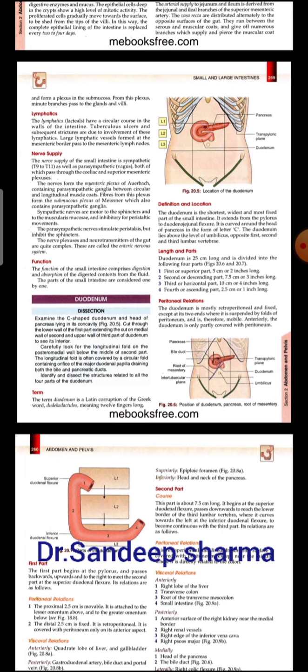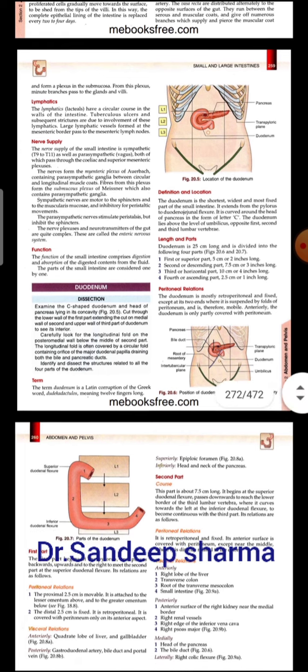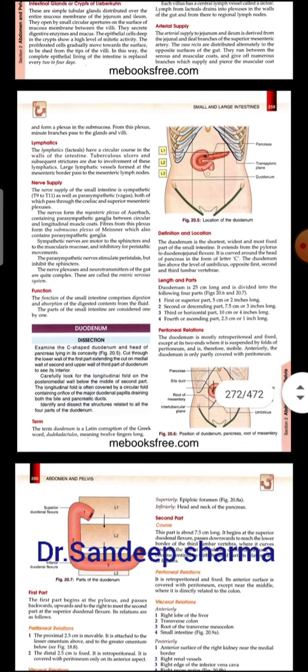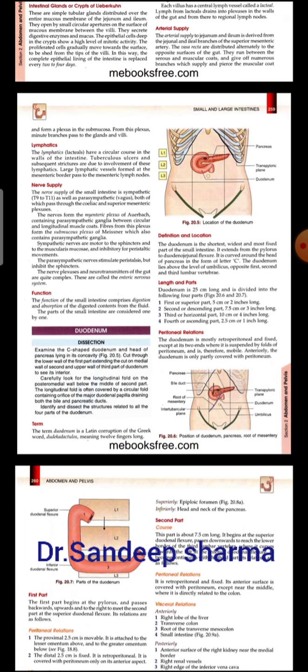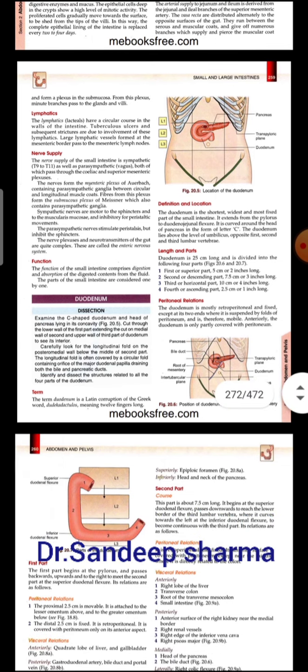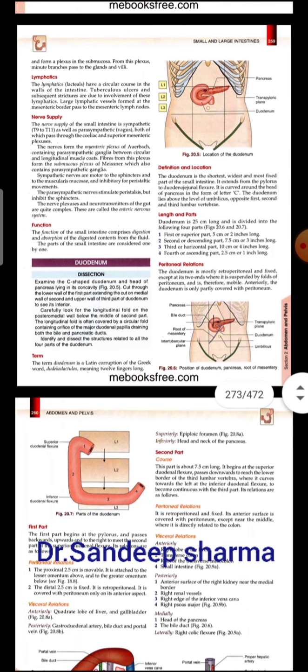It is curved around the head of the pancreas in the form of letter C, and in the diagram also you can see it is in the form of C. The duodenum lies above the level of umbilicus, opposite first, second and third lumbar vertebra, L1, L2, L3. So this is the definition and location of the duodenum.